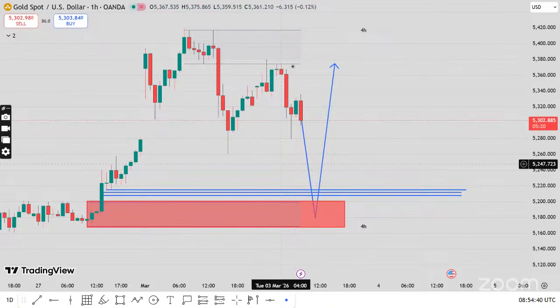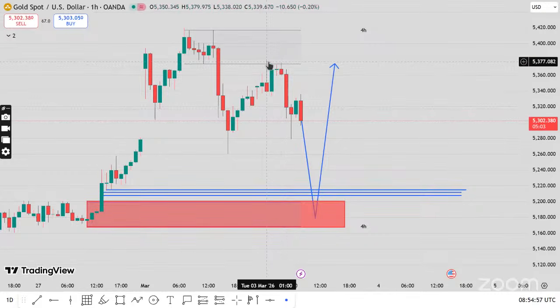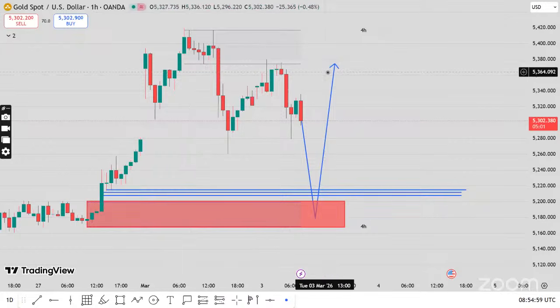But these are not high probability setups. High probability setups are those setups whereby price taps into the inducement, takes out liquidity, gets into the POI and moves.